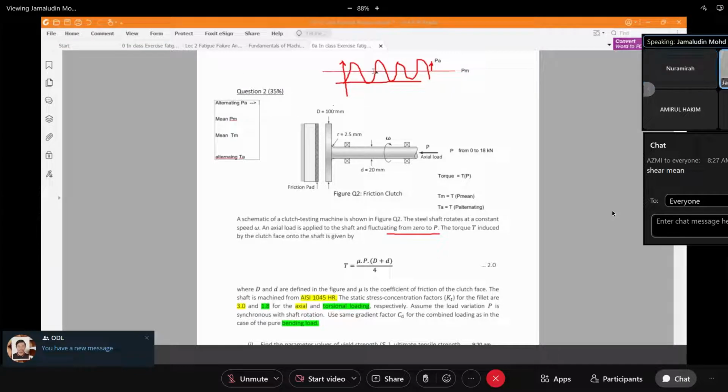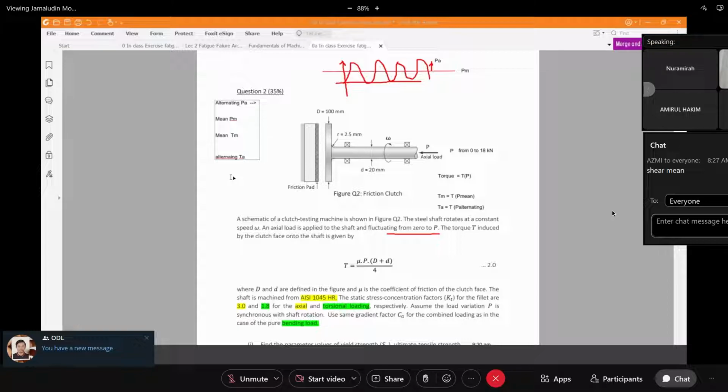Okay, let's check here. There are two values here. The load will be fluctuating with P from 0 to 18, right? Meaning that there is a P mean and P alternating. Is it right? When there are two values here, the alternating PA for sure will produce, Sinar, please.